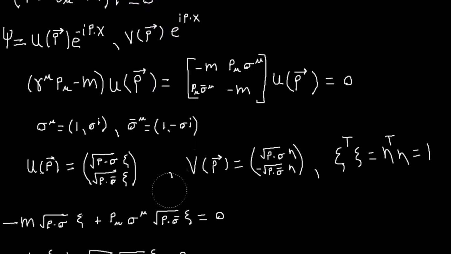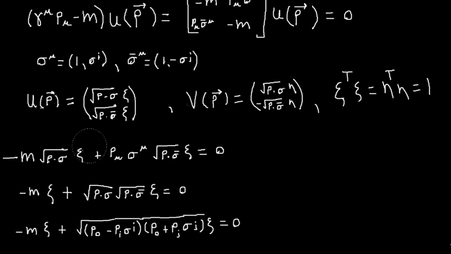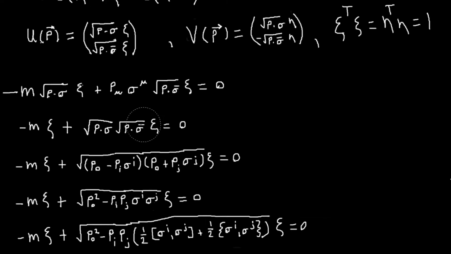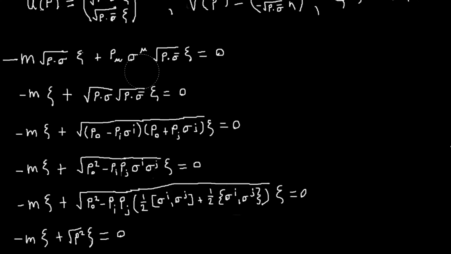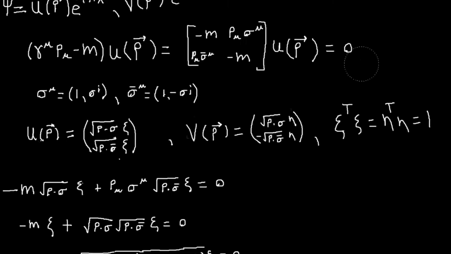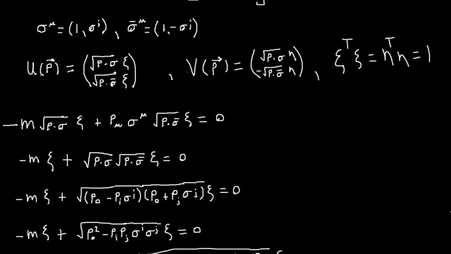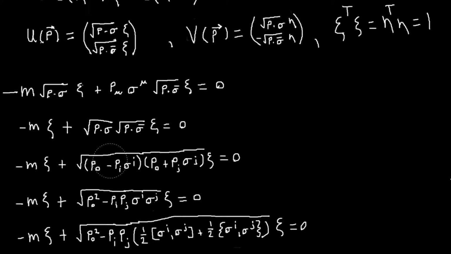And I go through the proof that this is a solution, basically just acting this operator on this u, you get this. So you can go through it if you want, but basically this line just comes from doing the matrix multiplication. And then I think I divide by square root of p dot sigma. So I get this, and then I just multiply out, in the square root, these two things.